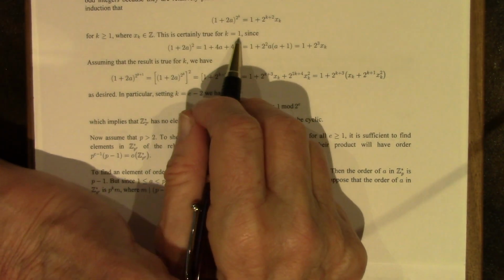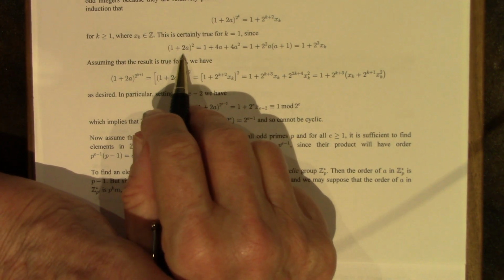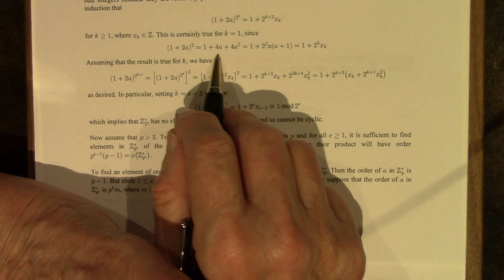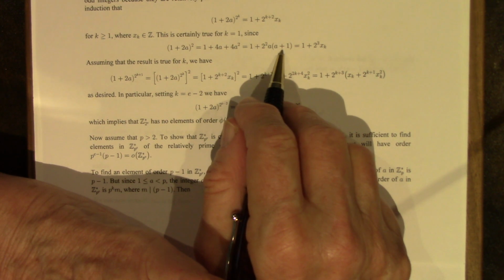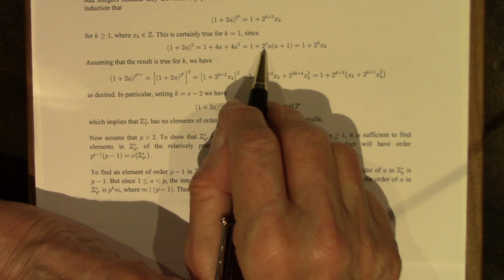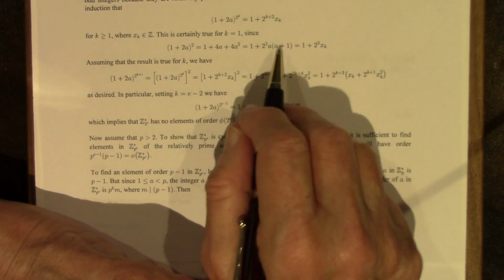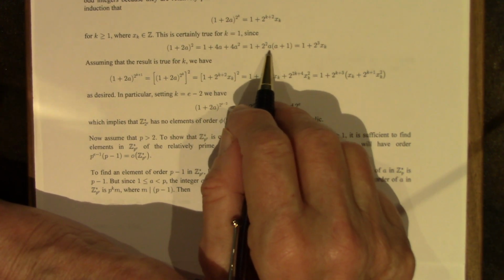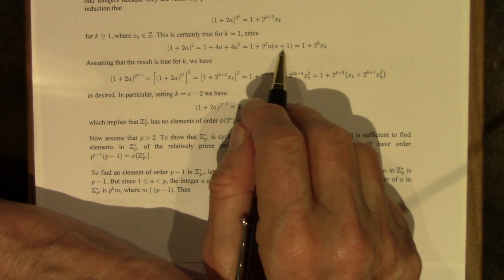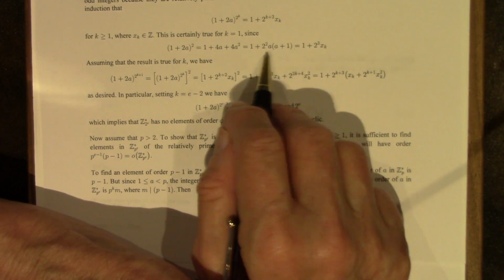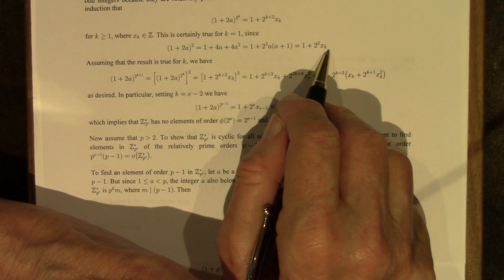Let's look at the case when k is 1. This side is (1 plus 2a) squared, which is 1 plus 4a plus 4a squared, which can be written this way. Now what we need is 2 cubed, because k is 1. But we have it because a or a plus 1 must be even. So we can yank out a 2 from whichever factor is even and get 1 plus 2 cubed x sub k.